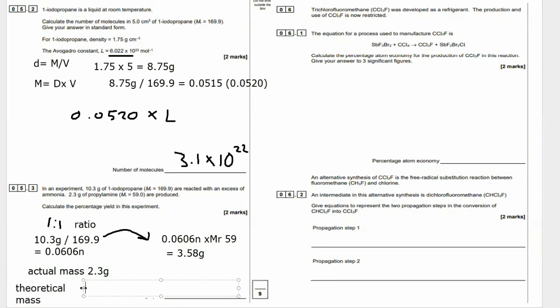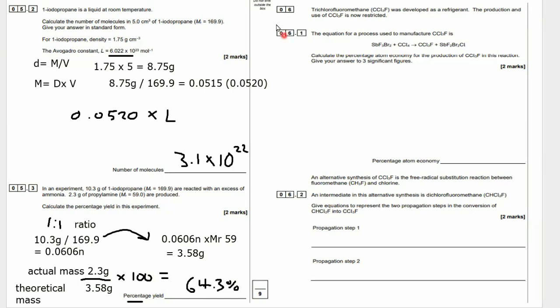And we're going to divide that by 3.58 grams. Then we're going to times that by 100 to get the percentage yield. And that equals 64.3%.